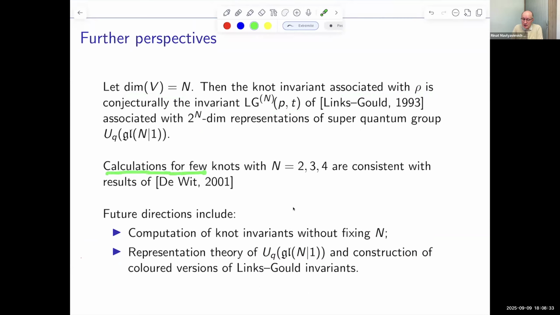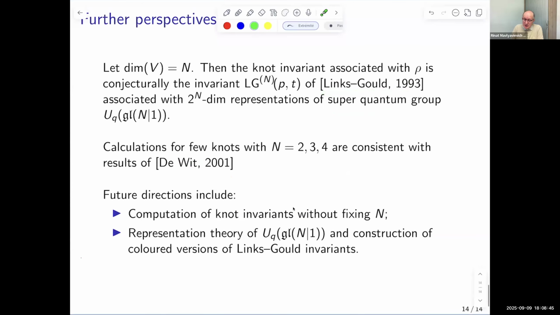This is consistent with a few calculations for small values of n and the results of De Wit concerning the Links-Gould invariants. It is a challenging problem to compute knot invariants, at least for some explicit knots, for arbitrary n, and see how the invariants behave with varying n.